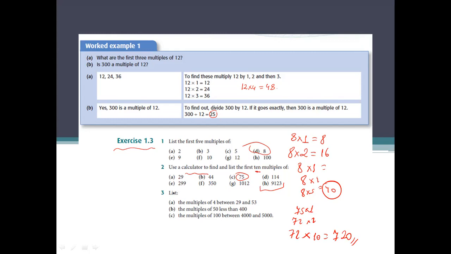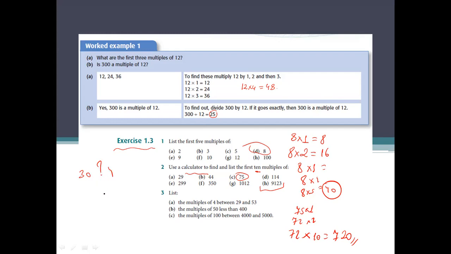And the third one, option A: list the multiples of 4 between 29 and 53. After 29 is 30. Is 30 a multiple of 4?